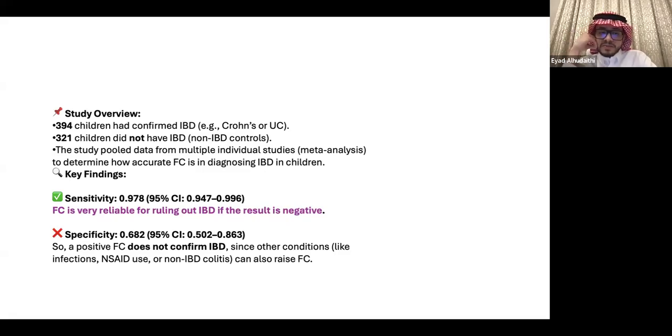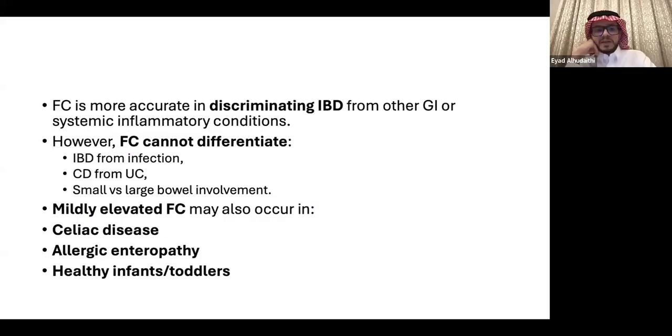So if you have a child with a normal fecal calprotectin, you can be more confident that it's not IBD. It doesn't specifically point to IBD, it could be something else like infectious colitis, etc.